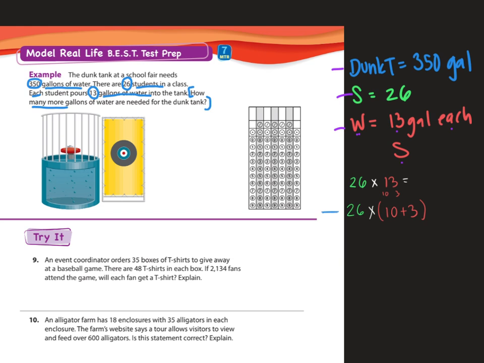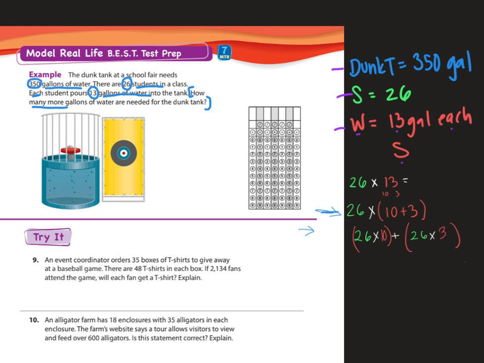So we have break apart and now distribute. I'm going to distribute the 26 to the 10, and I'm going to distribute 26 to the 3 by saying 26 times 10, 26 times 3. And I still have to remember that I have to add those answers together.